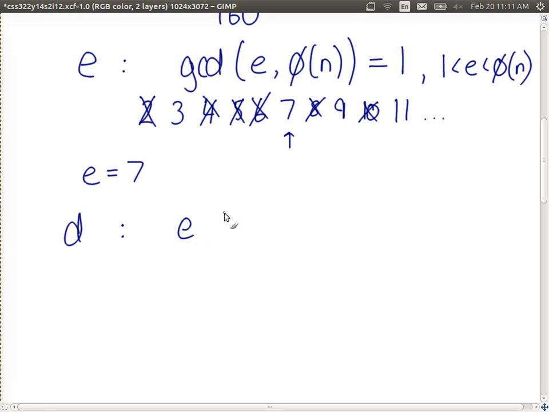I'll write that a bit differently. Choose a D such that E times D mod the totient of n equals 1. So we know E, we know the totient of n, 160. Find a D such that when we multiply by E and mod by 160, we get 1.